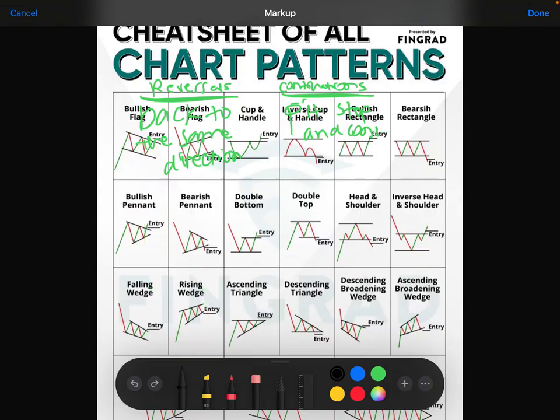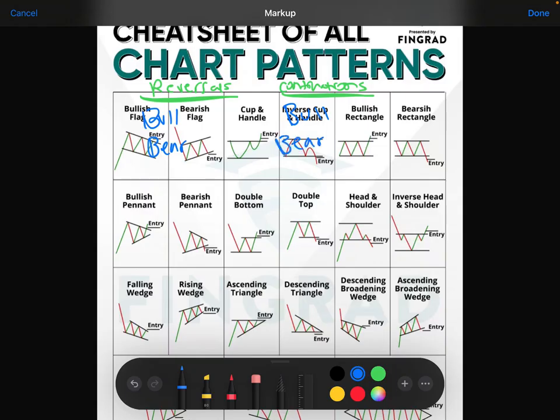The easiest way that I learned about chart patterns and reversals was just knowing how they form, bullish and bearish. With reversals, there are going to be bull reversals and bear reversals. For continuations, there's going to be bull continuations and bear continuations.